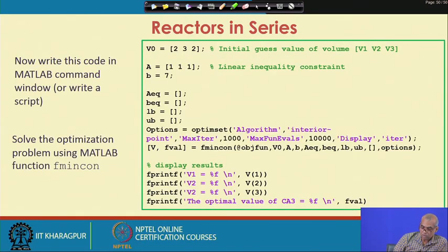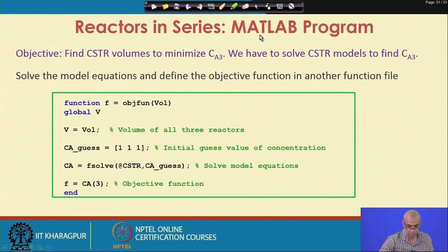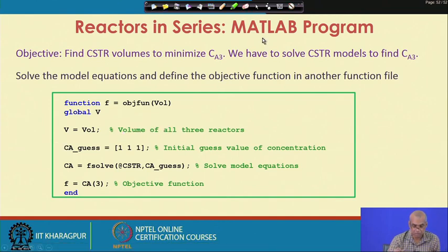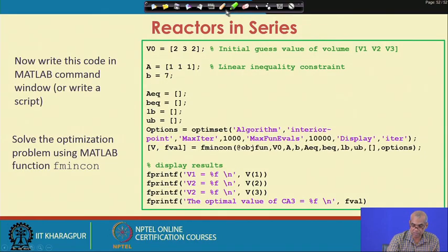Now, I can call fmincon using the usual syntax. This is my initial guess for volumes V1, V2, V3. The earlier initial guess was for fsolve, for CA1, CA2 and CA3. Now, this initial guess is for fmincon. These are the initial guesses for volumes V1, V2, V3.